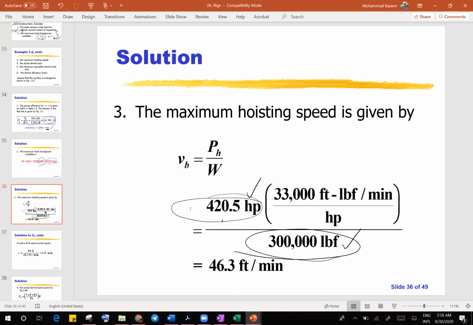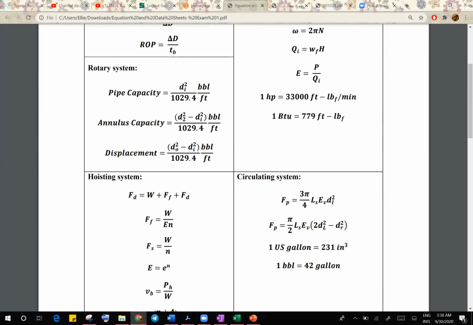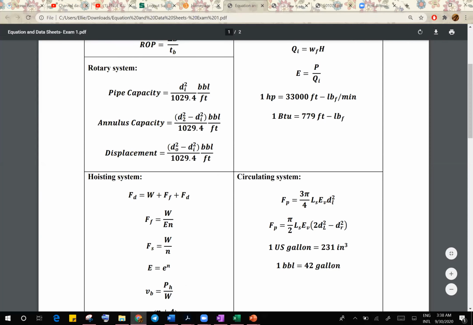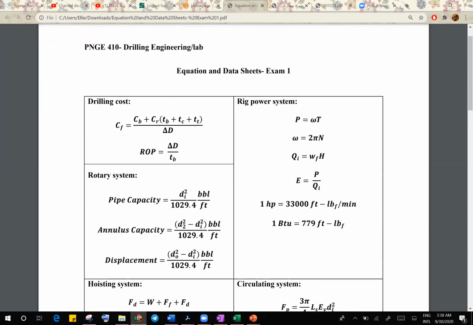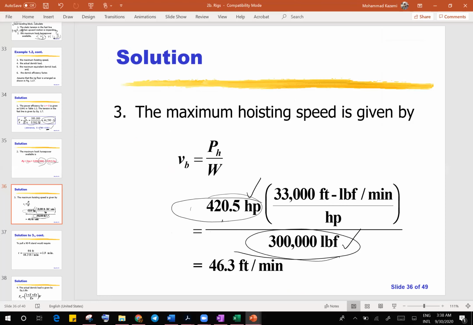Again, you go to your equation sheet, you need to convert horsepower to feet pound force per minute, which is this one, 33,000, right? This actually came in the rig power system, but still, that's the conversion factor which is there. So you do that and you get the speed, that's it, right?